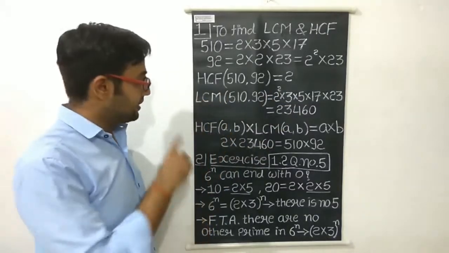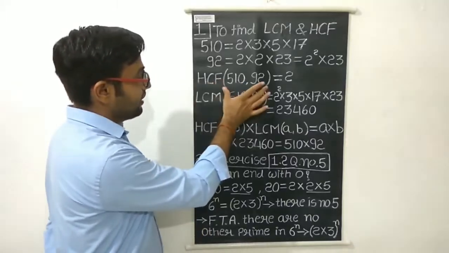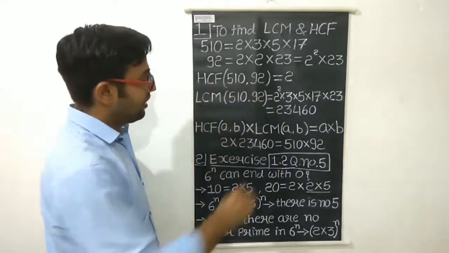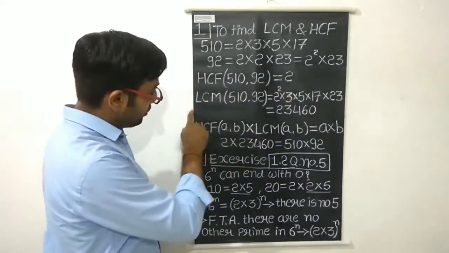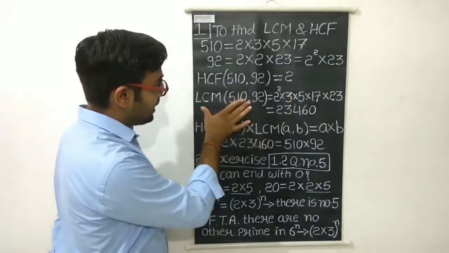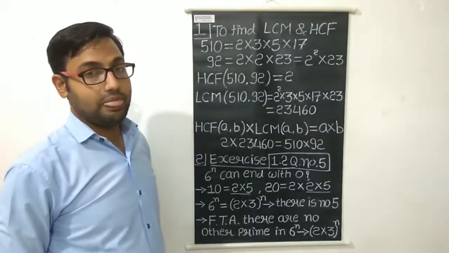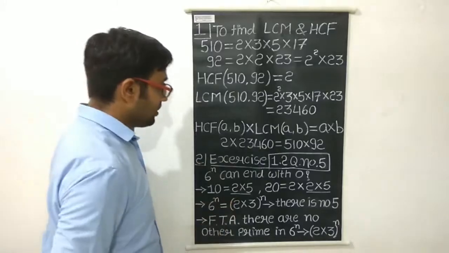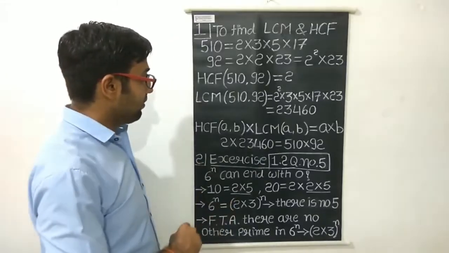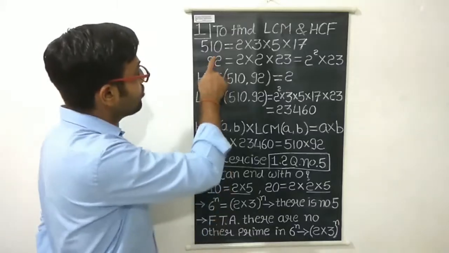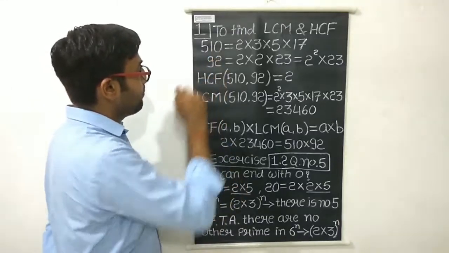To represent LCM and HCF, this is the method: write HCF and in the bracket both the numbers, and the value of HCF we can write in this way. Also LCM we can write in this way. The LCM of both these numbers is 23,460. One more thing we have to study here: let us take the given numbers as a and b.